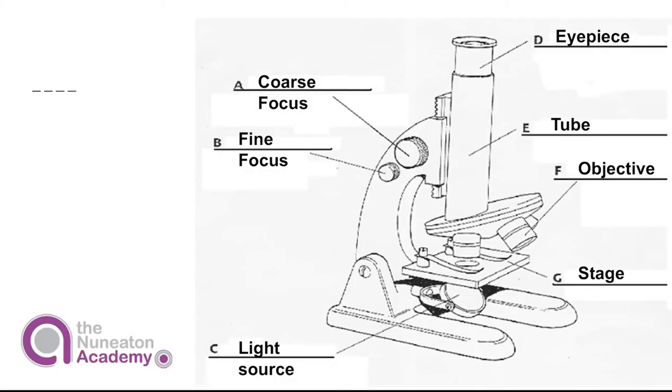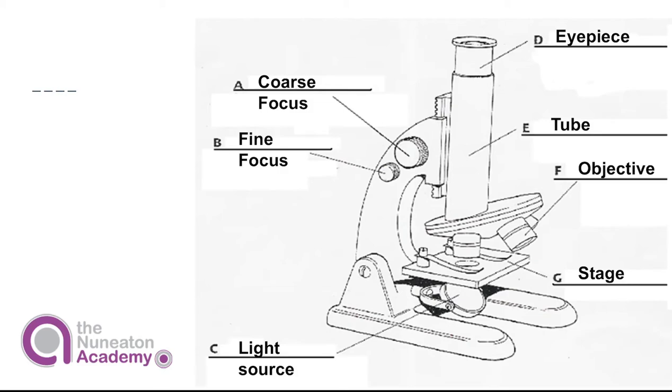Moving on, looking at the diagram here of a light microscope, we can see all the labels clearly posted for the different parts of our light microscope. We've already talked about the eyepiece and the objective. The tube is just used to connect the two lenses together. It is usually a series of mirrors which reflect the image up into the eyepiece from the objective lens.